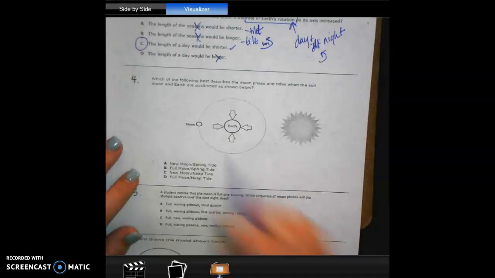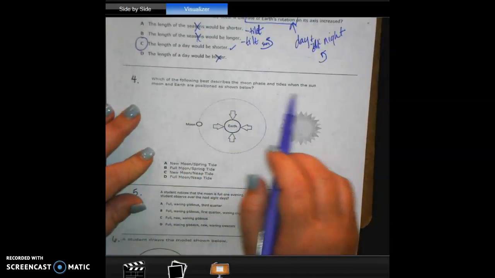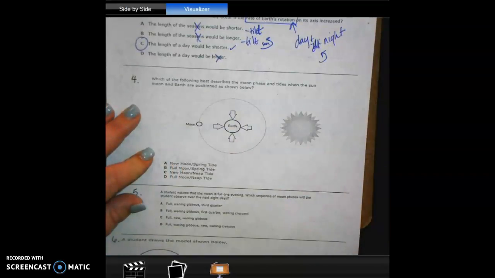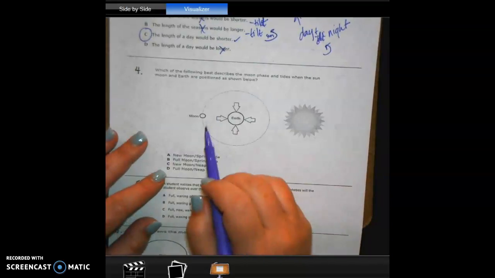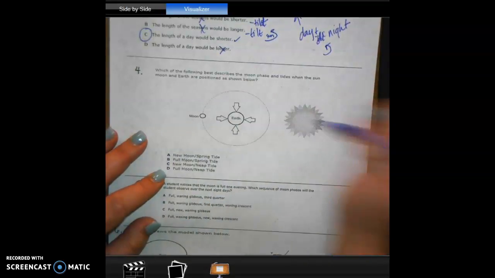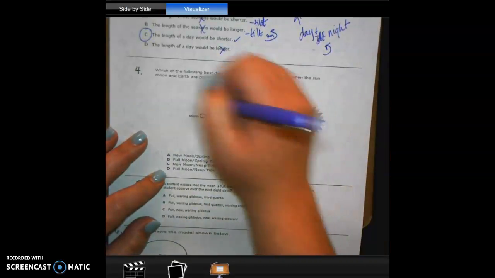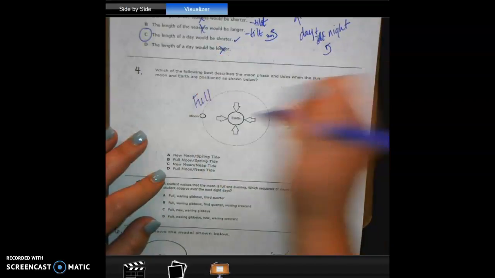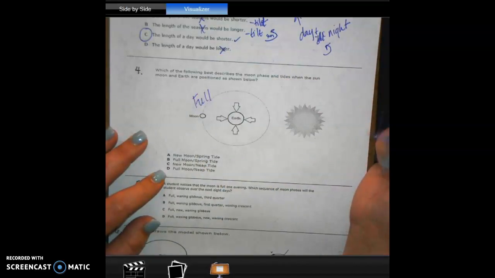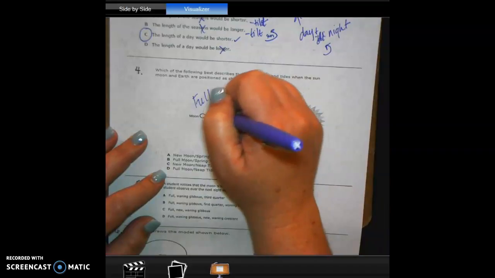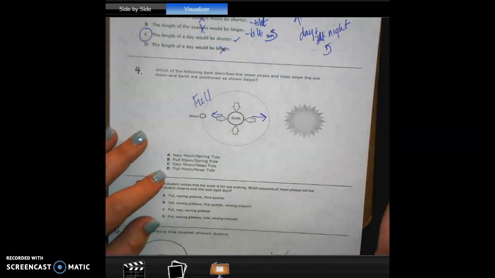Number 4, which of the following best describes the moon phase and tides when the sun, moon, and the earth are positioned as shown below? We've got the moon, the earth, and the sun. That is going to be a full moon because the earth is in the middle. And we know that during the full moon, the moon is pulling the tides one way, the sun is pulling the other way.